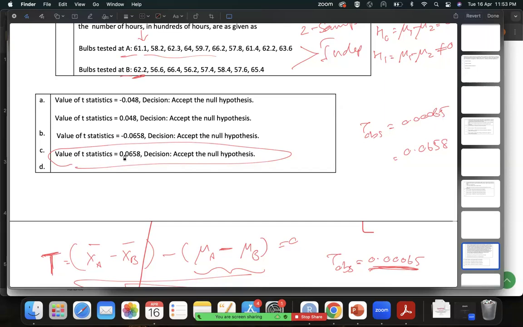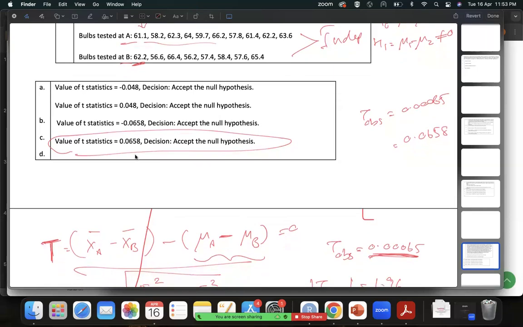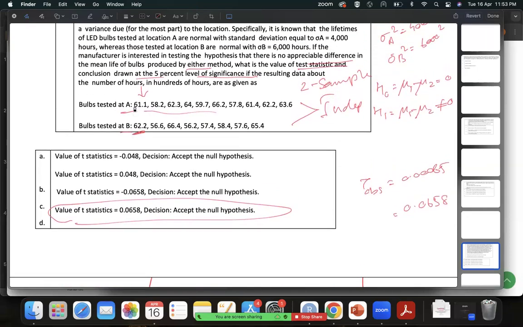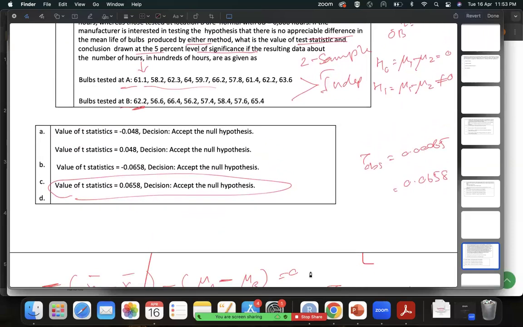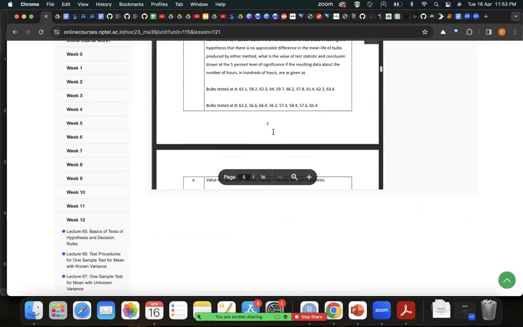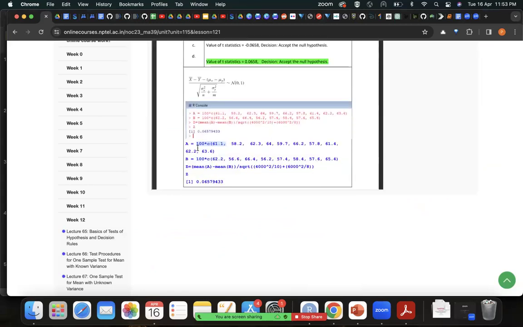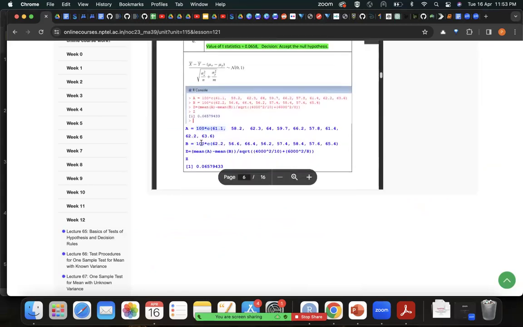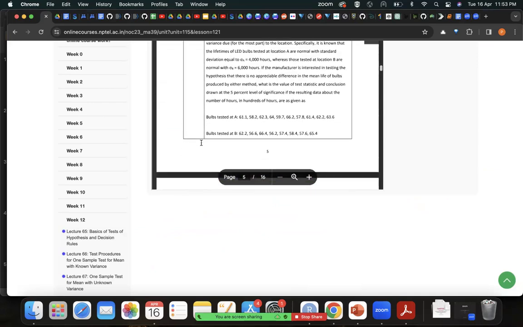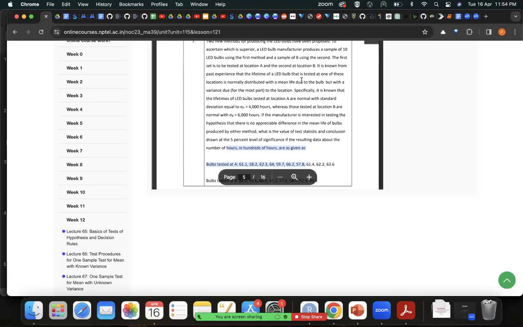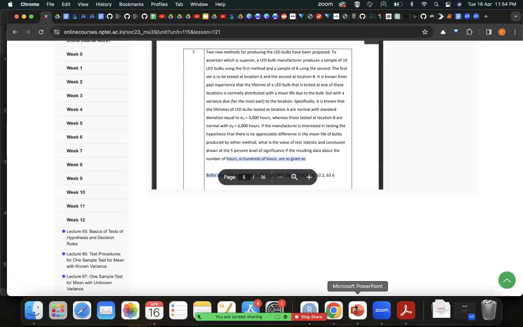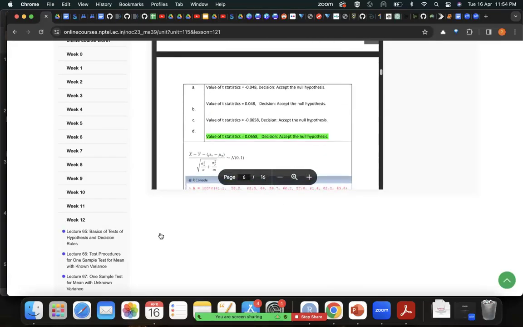So this would be your closest answer. It looks like something is wrong with the question, because they've multiplied by 100 for no reason, and all the units are given in hours. But this is how you go about the problem.